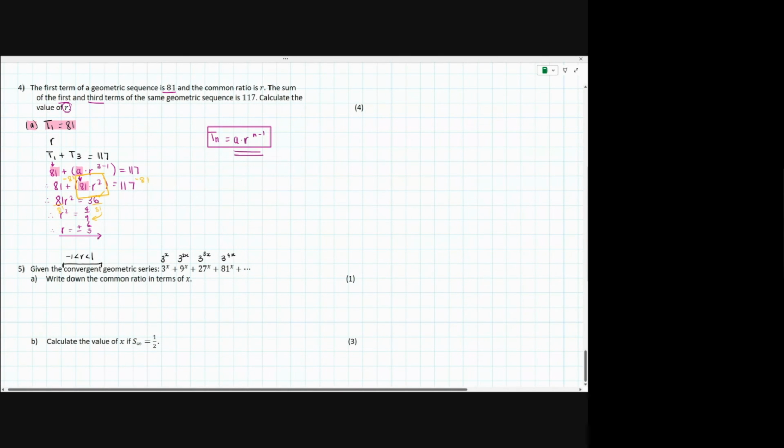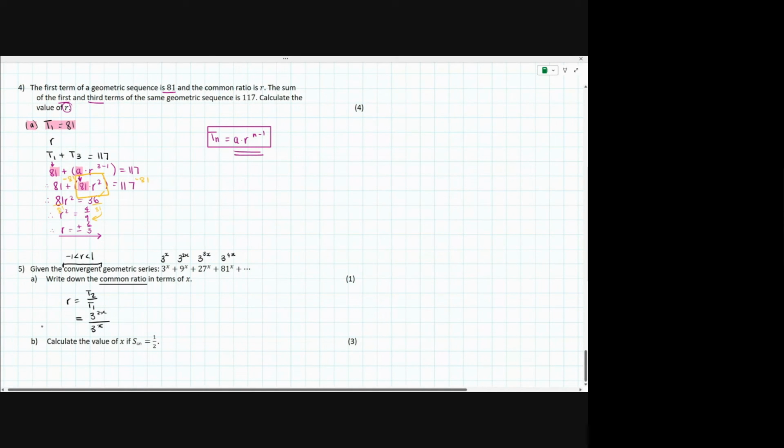Now, the reason it's important for us to be able to see that is because in this question it says write down the common ratio in terms of x. Now, as I said earlier, if you want to work out your common ratio, you would take term 2 and divide it by term 1. T2 divided by T1, T3 by T2, etc. So term 2 is 3 to the power 2x, and term 1 was 3 to the power x.